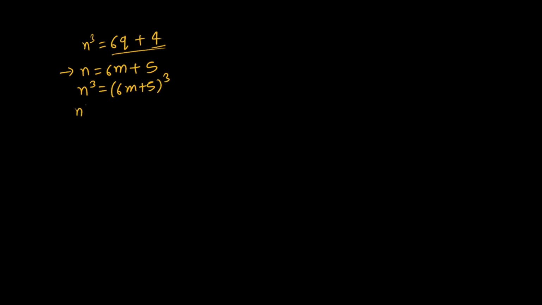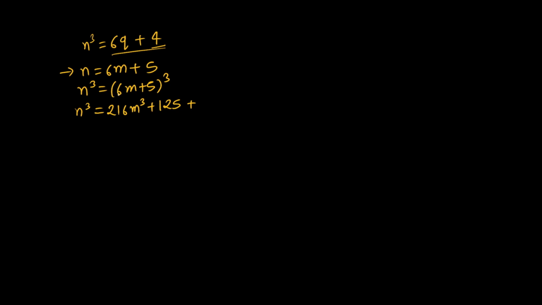We will write here the a plus b whole cube expansion. So 216 m cube plus 125 plus 3a square b.